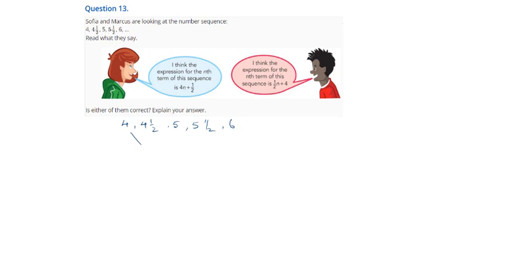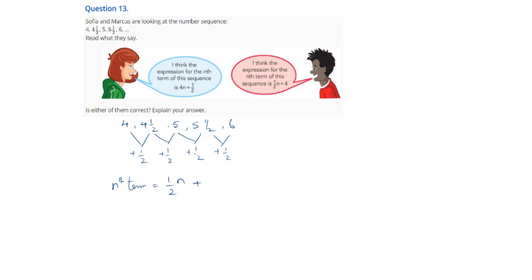So with 4, if you add 1 by 2 you will get 4 and half. With 4 and half, when you add half you will get 5. With 5, when you add half you get 5 and half. And with 5 and half, if you add half you will get 6. So the nth term is equal to half n plus something.